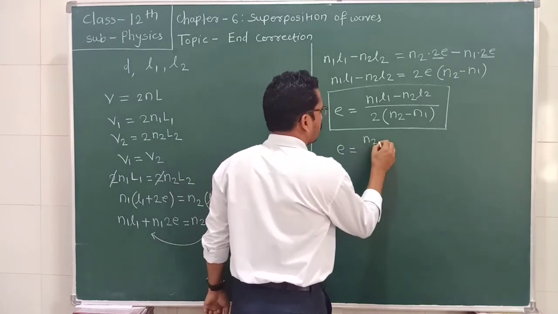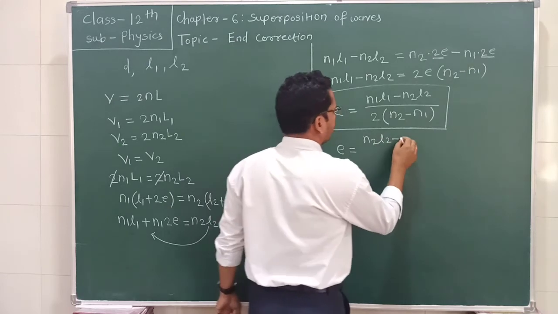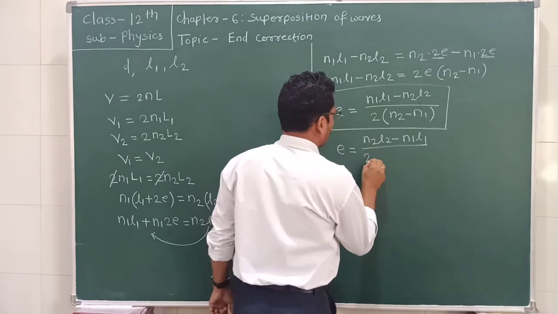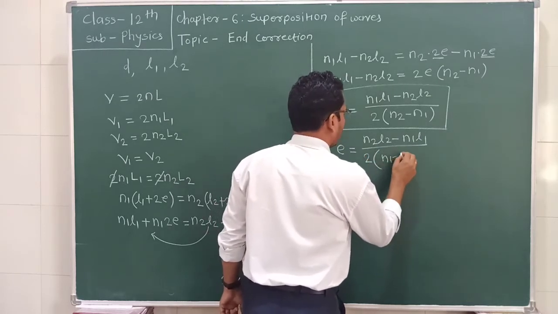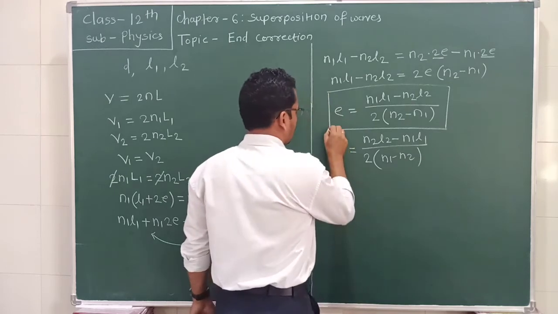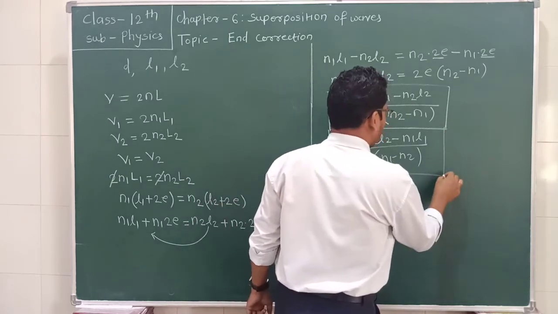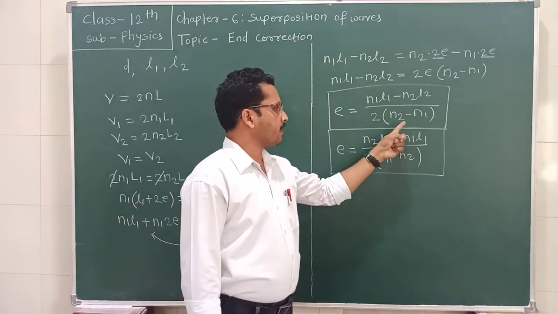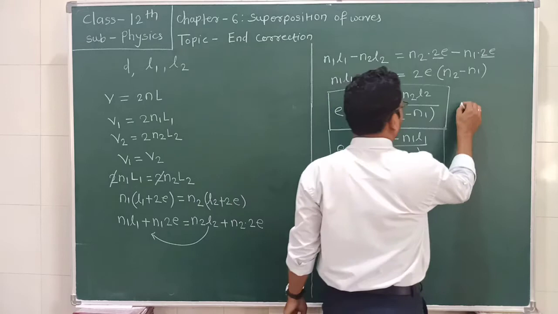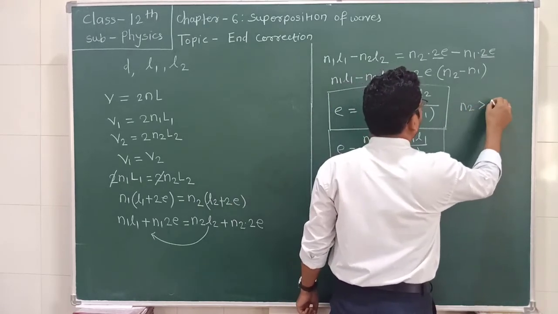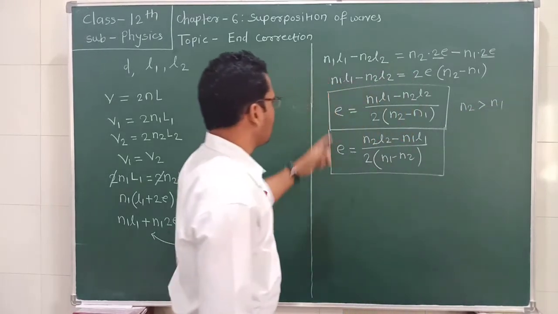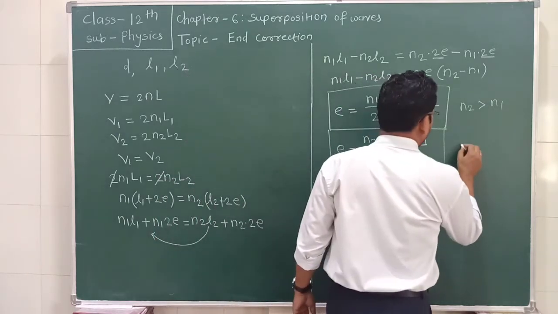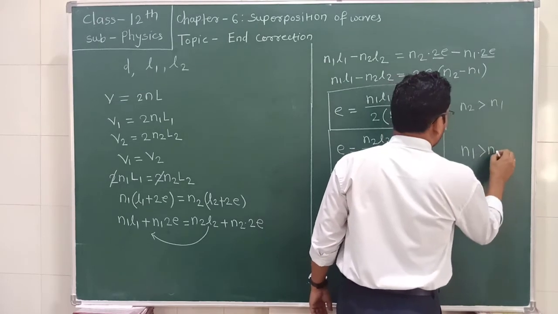It is N2 L2 minus N1 L1 divided by 2 into N1 minus N2. तर अशा प्रकारे सुद्धा आपण याला करू शकतो. याच्यामध्ये N2 minus N1 आहे, याचा अर्थ ऑफ कोर्स N2 is greater than N1 हे असायला पाहिजे, जेणेकरून आपलं जे एंड करेक्शन आहे ते पॉझिटिव्ह येणार. या ठिकाणी काय असायला पाहिजे N1 is greater than N2.